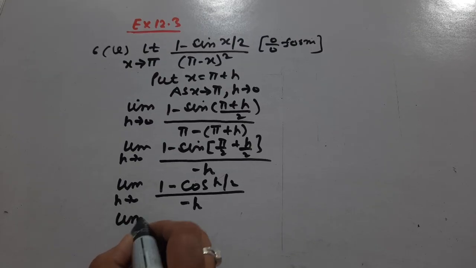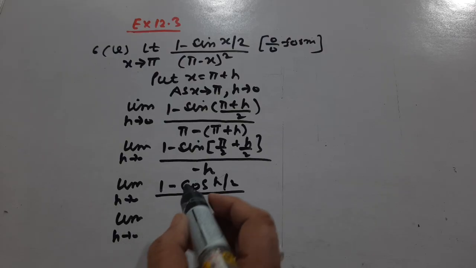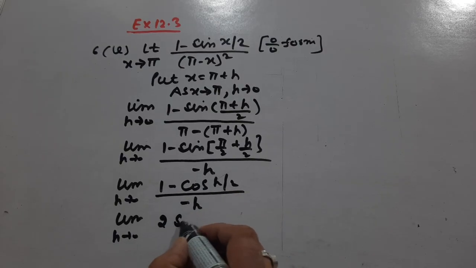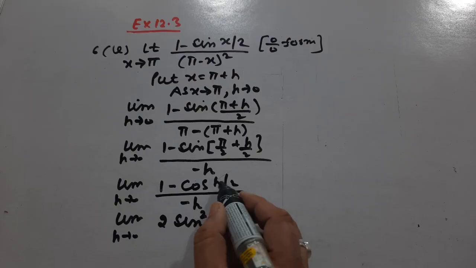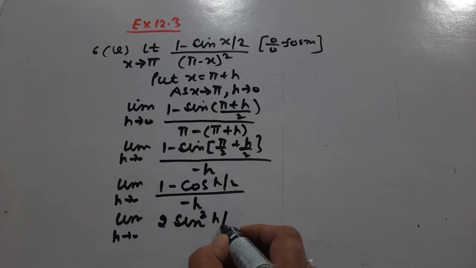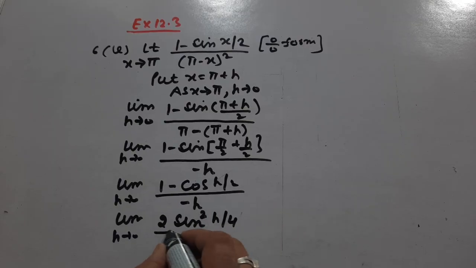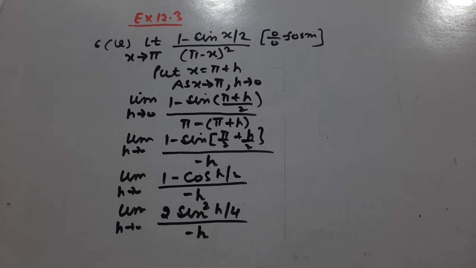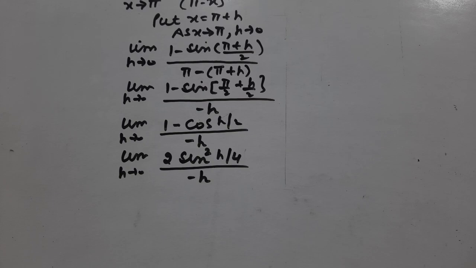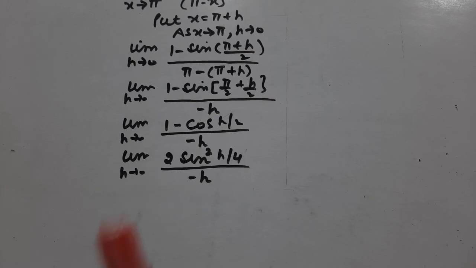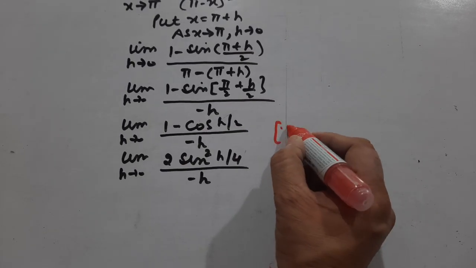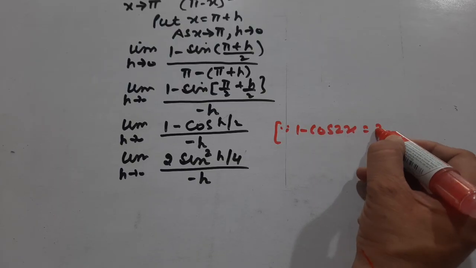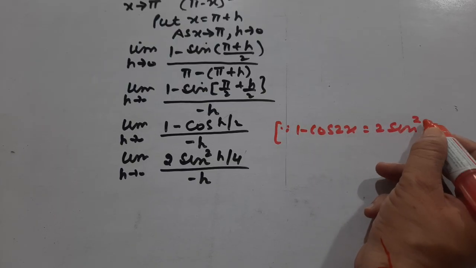Now students, we know the formula of 1 minus cos x. So in place of 1 minus cos h by 2, the formula is 2 sin square, and the angle we halve, 2h by 4 upon minus h, like this. Right students, because we know the formula of 1 minus cos 2x in trigonometry: 1 minus cos 2x equals 2 sin square x.